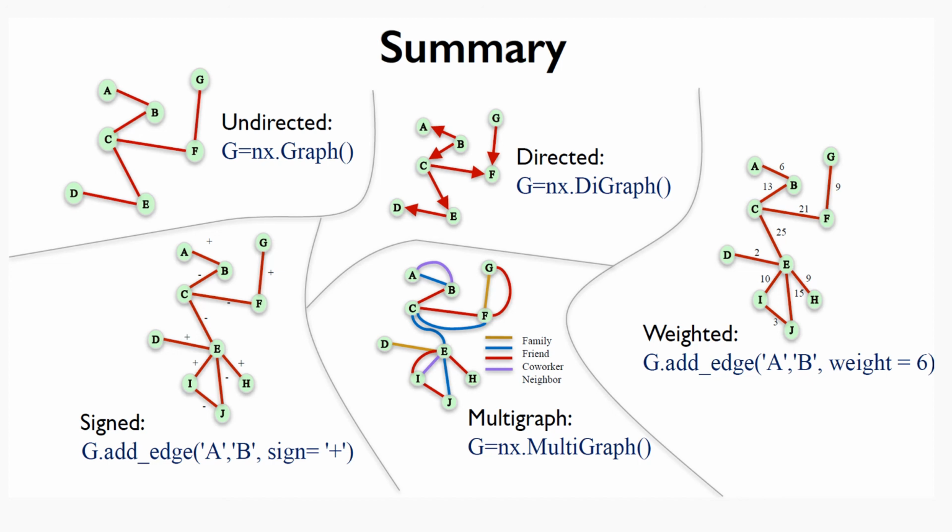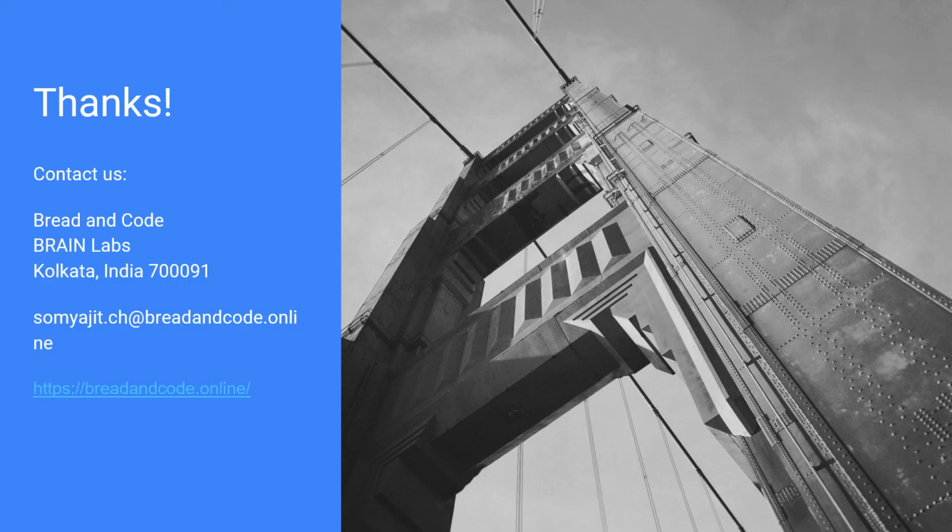Then we use signed attributes to create signed networks, and weight attributes to create weighted networks. For multigraphs, we use the multigraph function, and other parameters concerning networks which have multiple relationships. Okay, thank you.